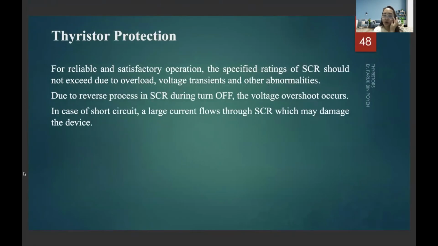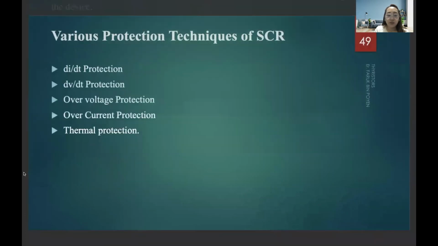Thyristor protection for reliable and satisfactory operation. The specified rating of the SCR should not be exceeded due to overload, voltage transients, and other abnormalities. Due to the reverse process in the SCR during turn-off, voltage overshoot occurs. In a short circuit, a large current flows through the SCR which may damage the device.